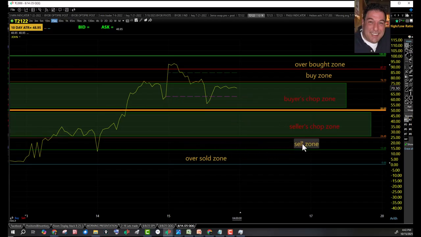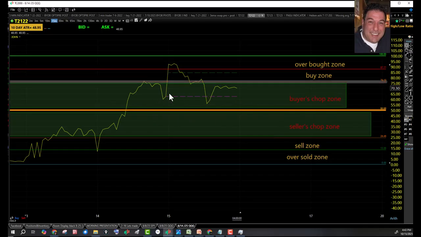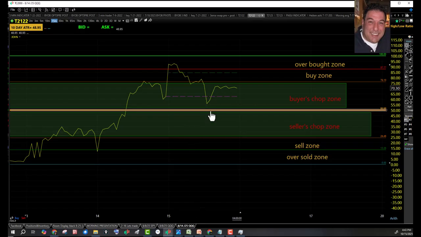Okay, so seems to be like there's some bulls still in town, still trying to rally price up, because you can see today, okay, we spent the whole day up here above the seller's chop zone, above the sell zone, above the oversold zone. Okay, all up in here. We even made a visit to the overbought.